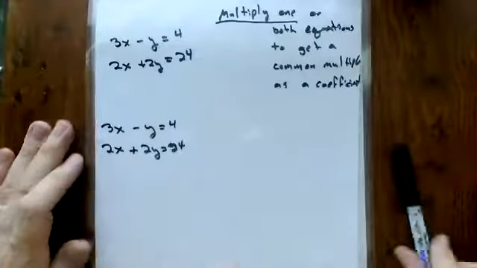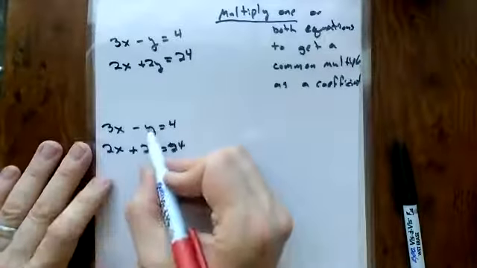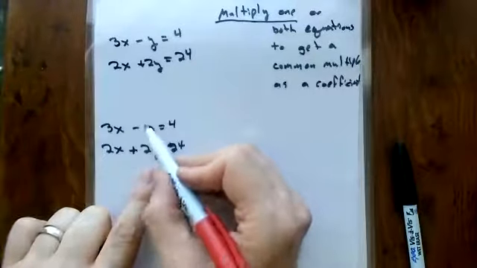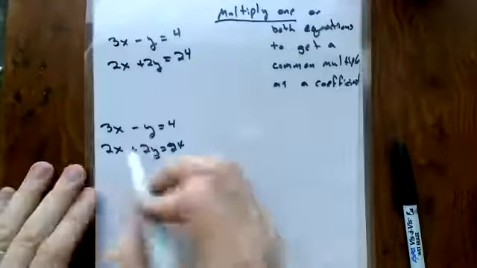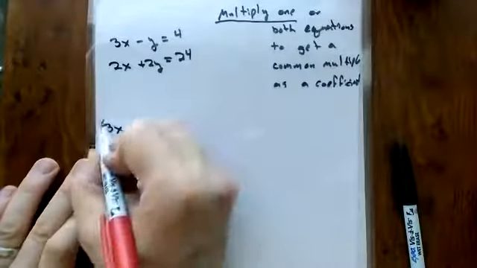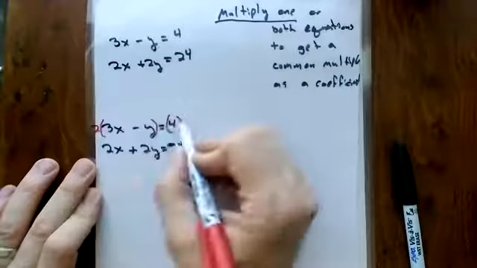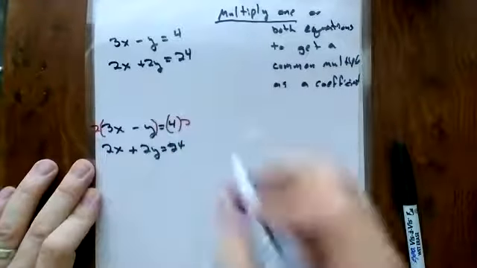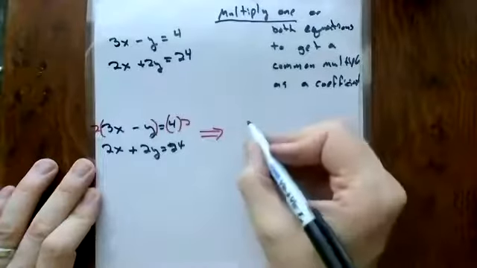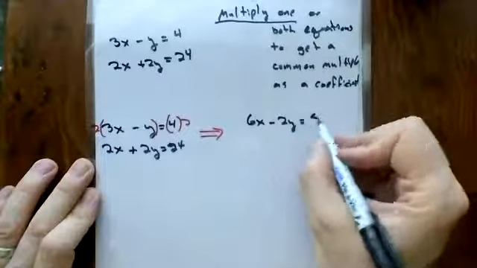My goal here is, this one is minus y and a plus 2y. I want this to be a minus 2y. So I'm going to take this top equation and multiply by 2. And when I do that, I'll end up with 6x minus 2y is equal to 8.